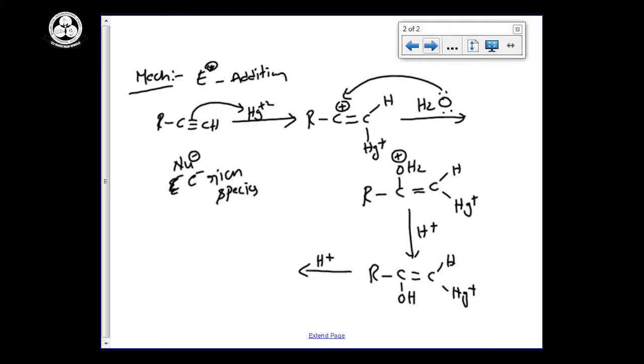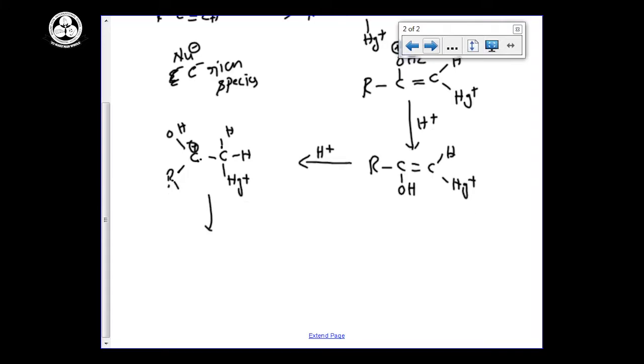Then it becomes C, with R, here OH, C, H, Hg plus. This is a carbocation. Then further it is converted into C double bond C, with R, OH, and H and H. This is our enolic form.